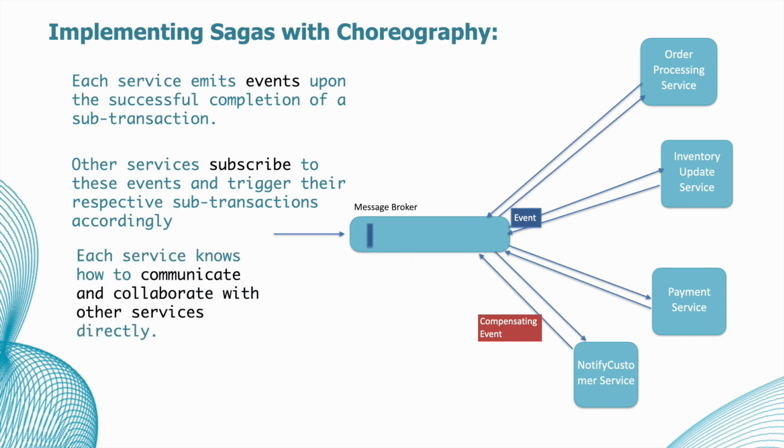All these services know how to interact with each other, and they know how to trigger a respective sub transaction accordingly. As we can see, there are multiple events, all being sent to the message broker, and the other services are consuming them. And the central component is called the choreographer.